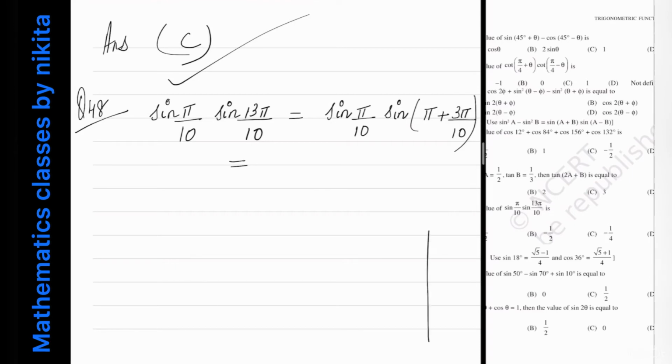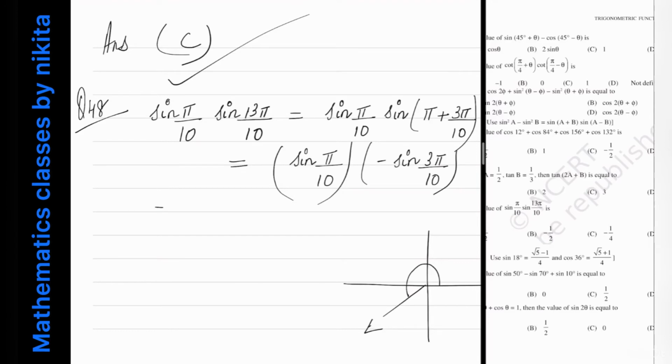So ये आपका यहाँ पे third quadrant में lie करेगा and this is the angle. So therefore in the third quadrant sine of pi plus theta is minus sine theta. So this becomes the sine of pi by 10 multiplied by minus sine of 3 pi by 10.